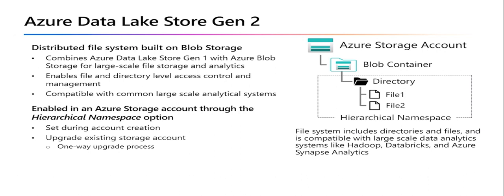You can do this when initially creating the storage account, or you can upgrade an existing Azure storage account to support Data Lake Generation 2. Note that upgrading is a one-way process. After upgrading a storage account to support a hierarchical namespace for blob storage, you cannot revert it to a flat namespace.